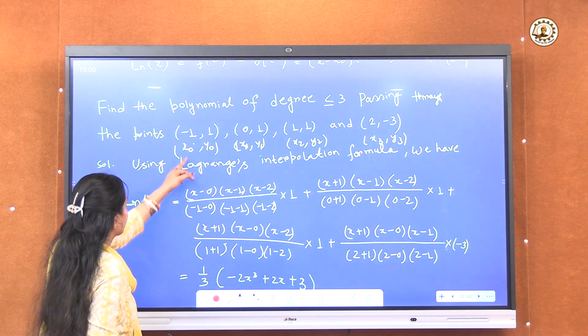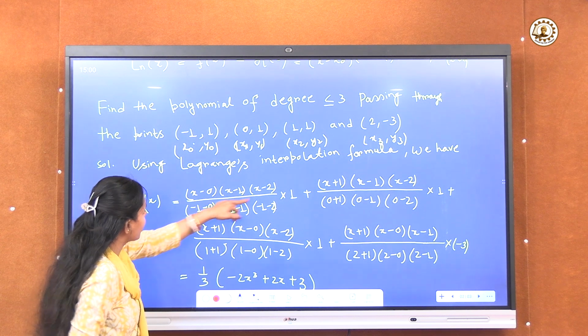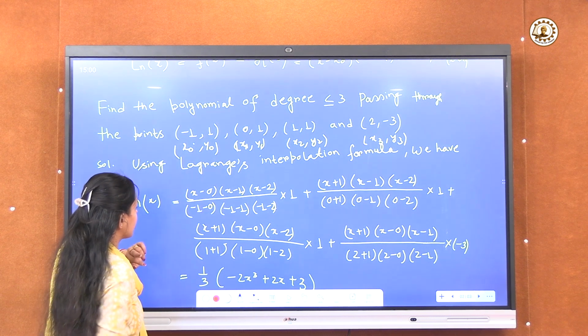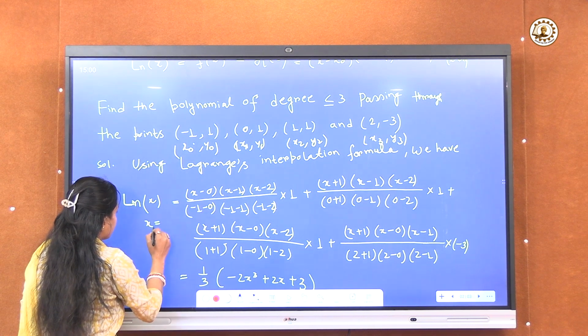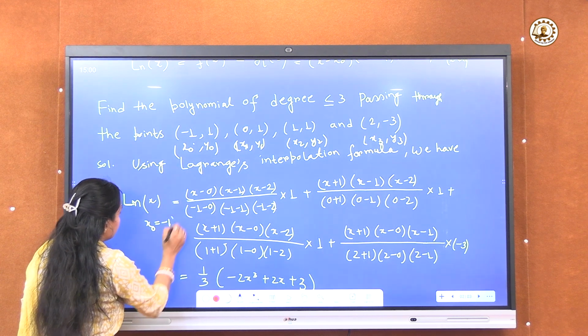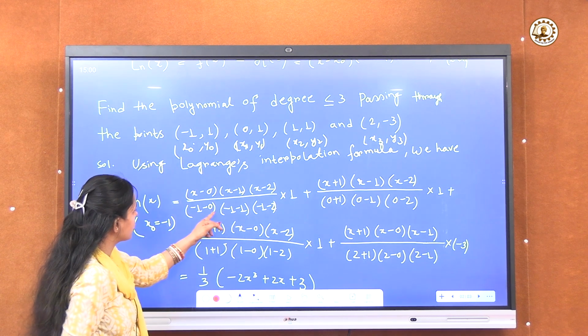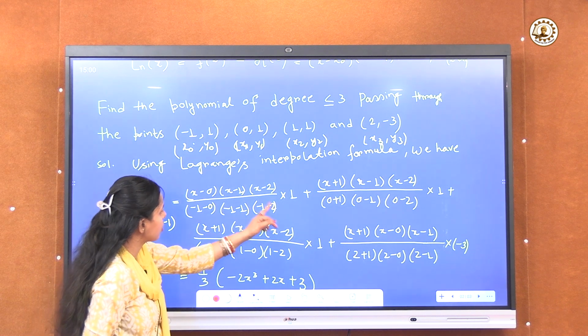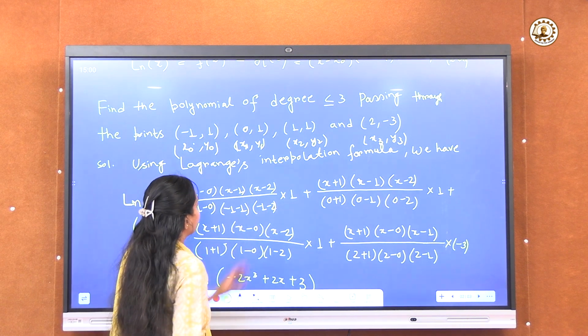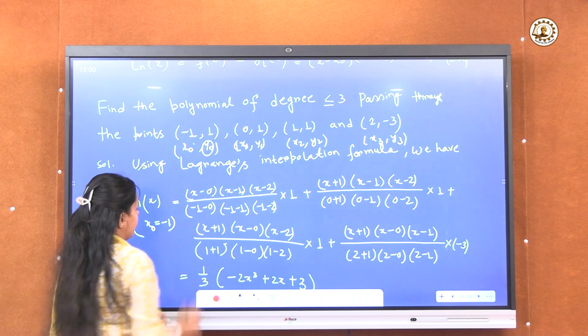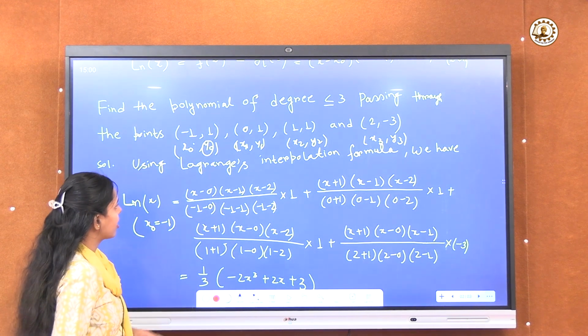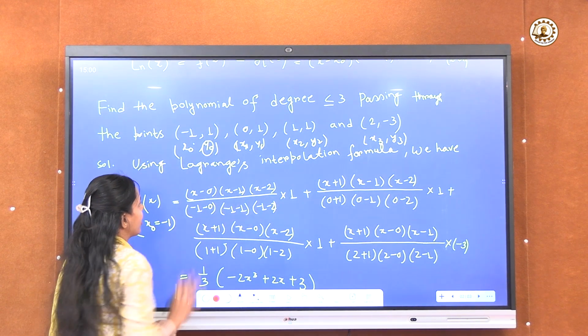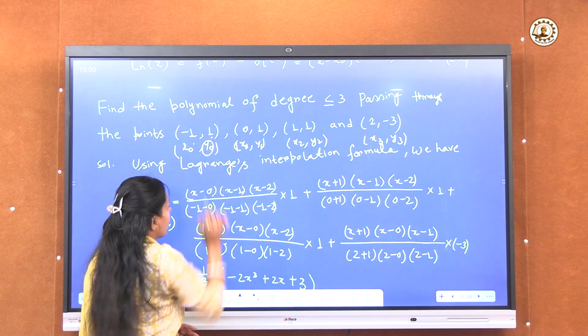Then, divided by, we substitute the x0 point. What is x0? Here it is minus 1. So (minus 1 minus 0)(minus 1 minus 1)(minus 1 minus 2), multiplied by y0, because in Lagrange's interpolation formula it is times y0. Here y0 is given as 1.